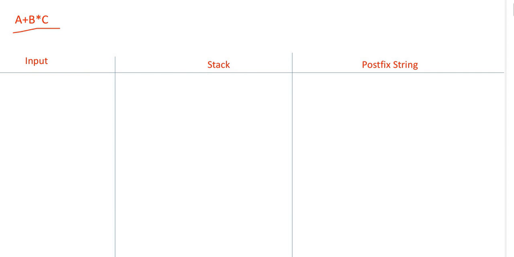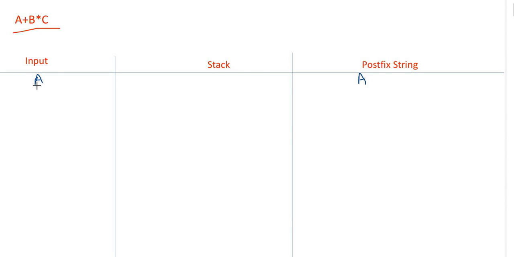Here we have a plus b star c. First we take a as input, and we check that it is an operand. It will simply be printed and added to the postfix string.